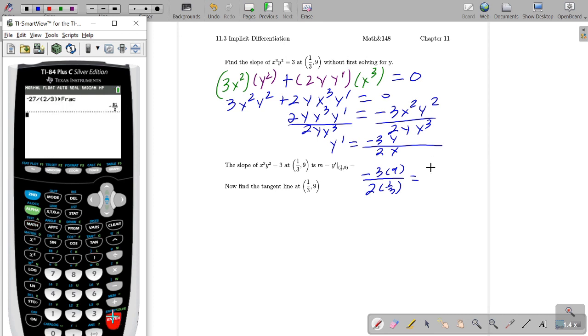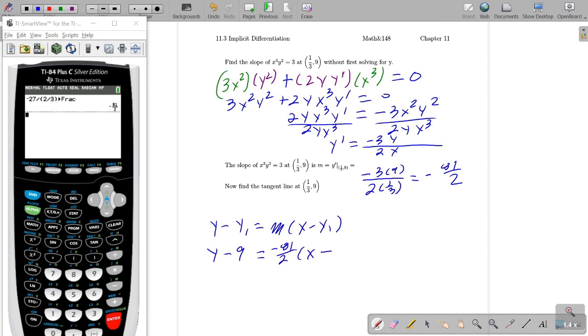So that's negative 81 over 2. y minus y1 equals m times (x minus x1). So y minus 9 equals negative 81 halves times (x minus 1/3).